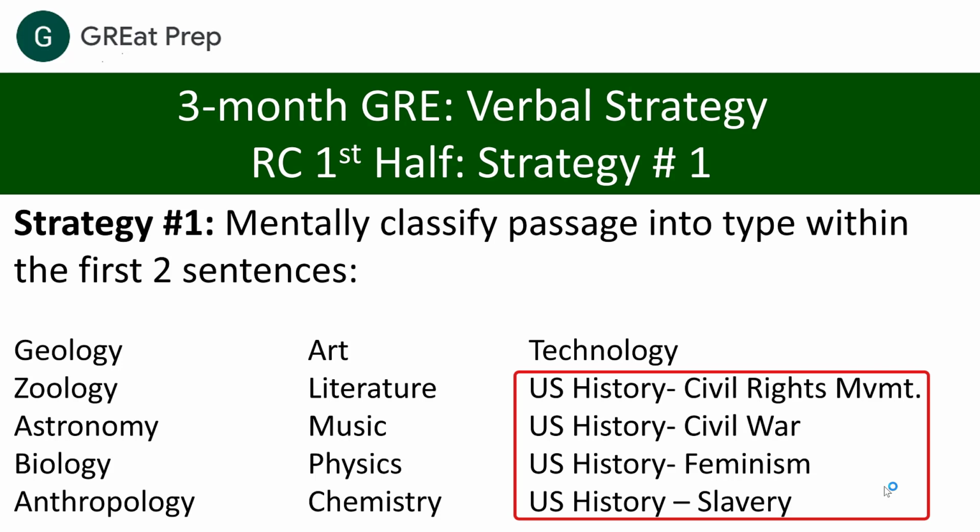In a future video, I'm going to deep dive into each of these topics to give you more context so you're better prepared when you see a related passage on the GRE. But for now, keep in mind that the GRE does focus quite a bit on US history, and having a sense of these 4 important US history topics will definitely give you an advantage as you take the GRE.